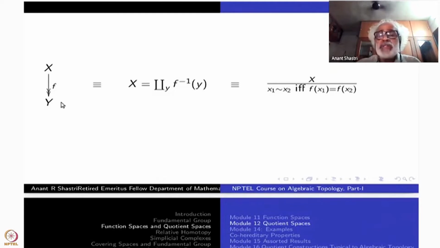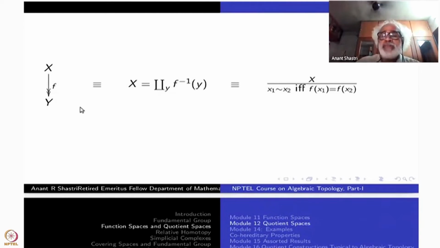Because F is surjective, each F inverse of y will be what? Non-empty. Therefore, what we get is a non-empty disjoint decomposition of X. Such a thing is called a decomposition or a partition.